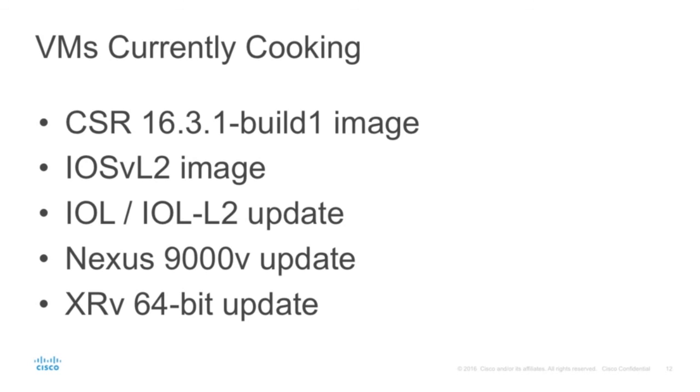Some of the advantages of this one is that we do expect some additional L2 feature support, such as BFD. The memory footprint of that one will be a little bit bigger than the current IOS XRV, we believe. We think it'll be about, as being targeted for about 4.5 gig of memory per device.